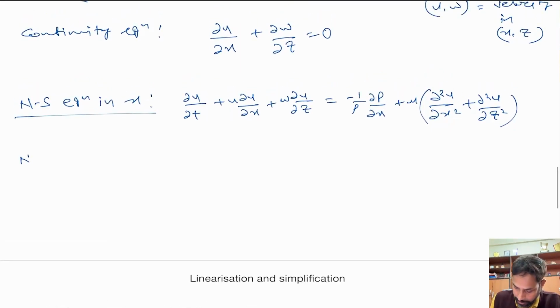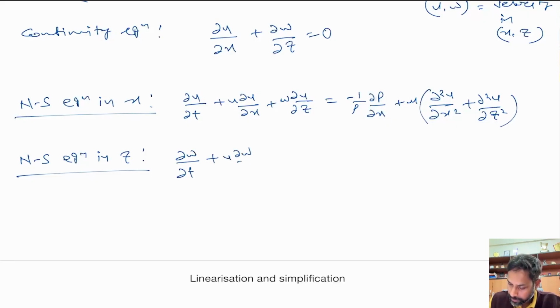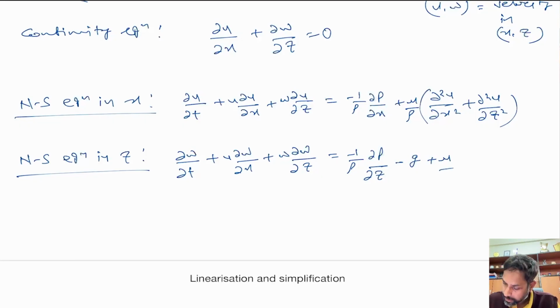And then we have the Navier-Stokes equation in z, which can be written as dw/dt plus u dw/dx plus w dw/dz is equal to minus 1 by rho dp/dz minus g, plus, and in the previous equation there has to be rho here, sorry about that, mu times d²w/dx² plus d²w/dz².